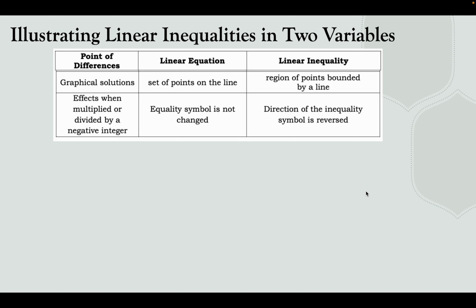If your given is less than, when you multiply or divide by a negative integer, it will change into greater than. Later on in our next topic, we will discuss that more.